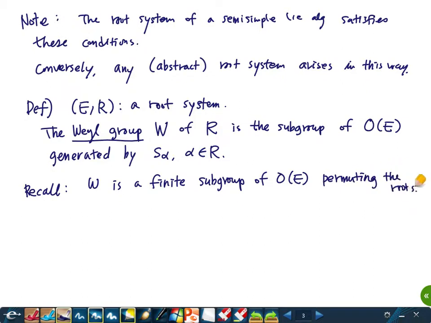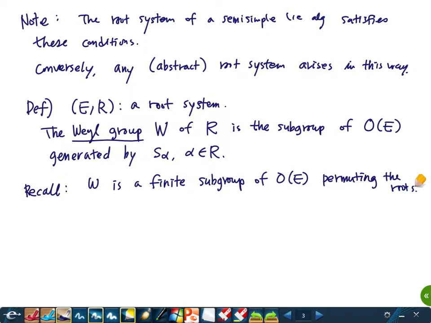Because it must send one root to another root, and because we know that the roots span the whole space, if you know which root sends to another root, then we know exactly what this group does. So it is a permutation.